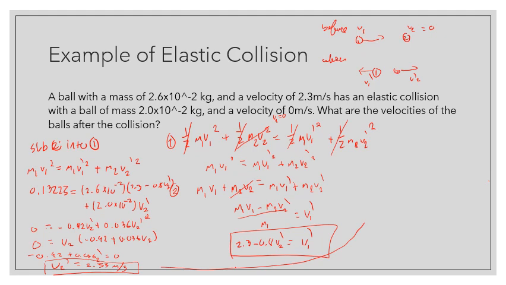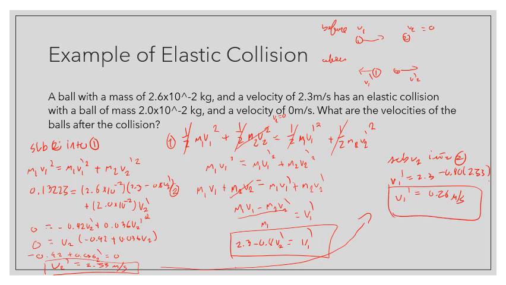Sorry about this. Now we sub v2 prime into equation 2. So v1 prime is equal to 2.3 minus 0.8 times 2.55, which is equal to 0.26 meters per second.